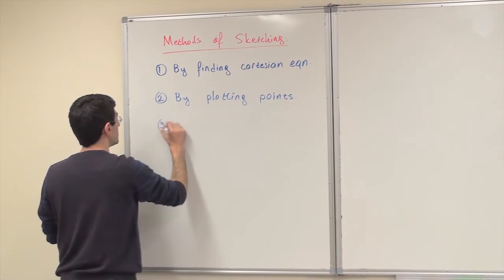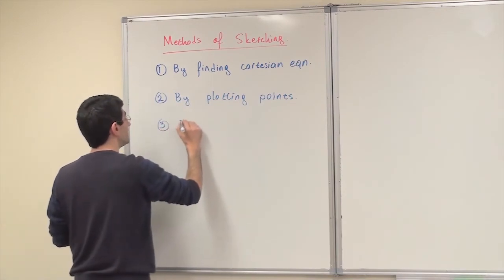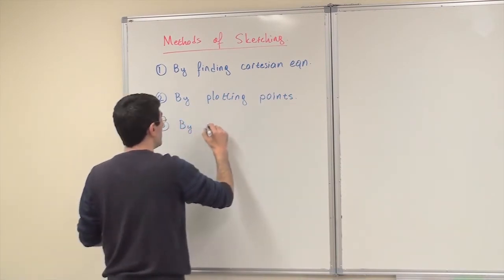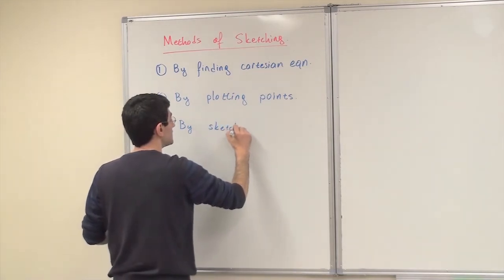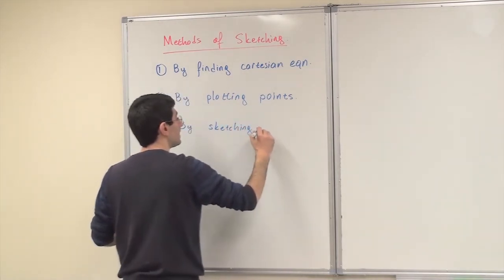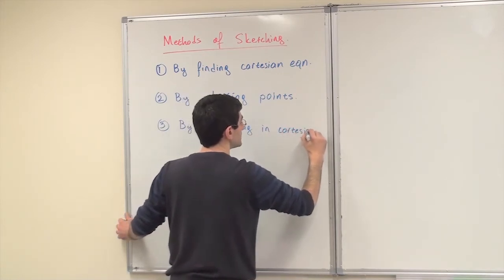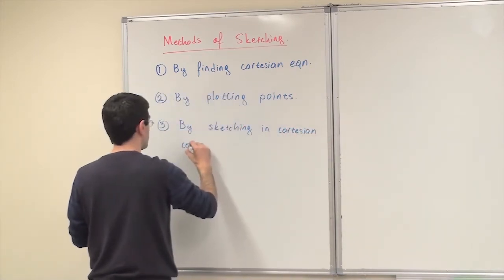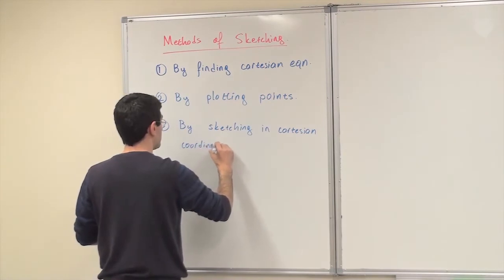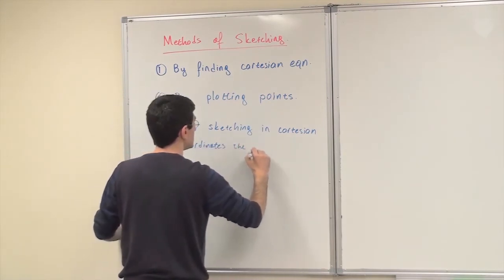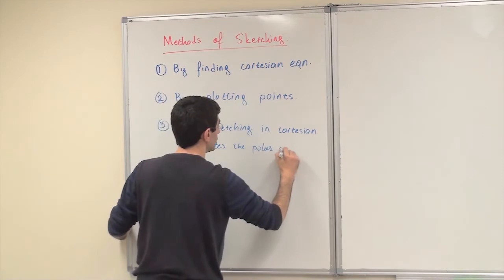And the third method is going to be by sketching in Cartesian coordinates the polar curve.